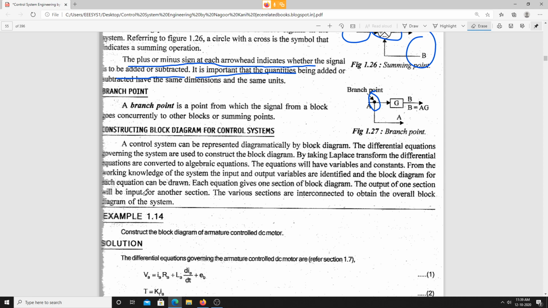By taking the Laplace transform, the differential equations are converted into algebraic equations, so the equations will have variables and constants. From working knowledge of the system, the input and output variables are identified, and the block diagram for each equation can be drawn. Later this concept will be clear while we are drawing the block diagram.